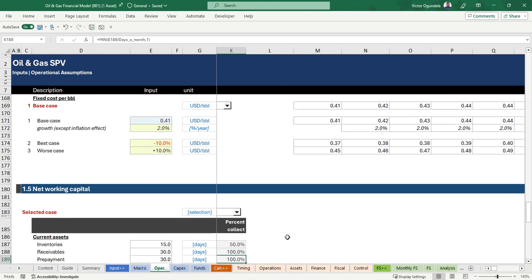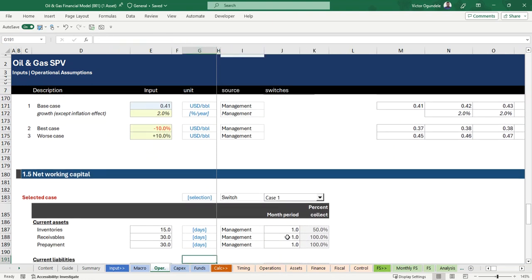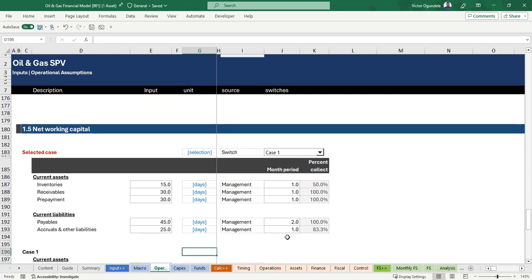Now, for the net working capital, because this is also one key important driver when you are building your model. Because it's a typical special purpose vehicle, SPV, most times you sign an agreement before you get started. So there are always agreement terms based on inflow of cash.